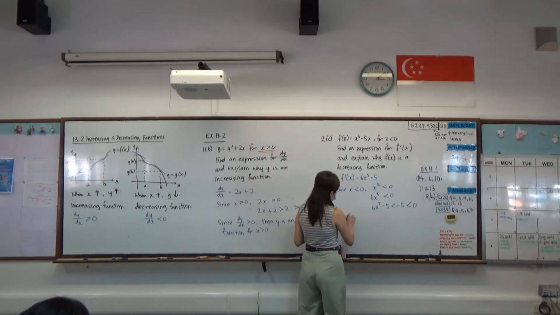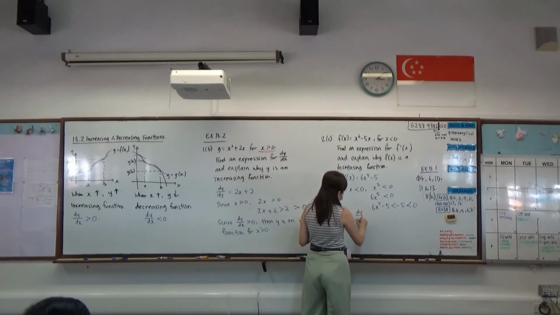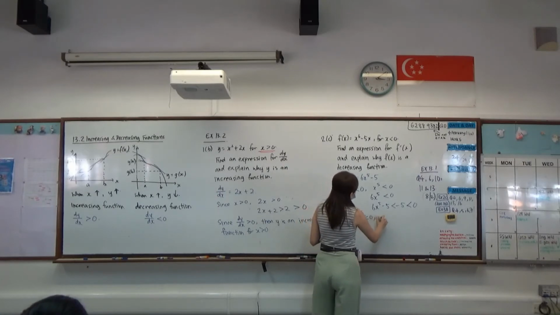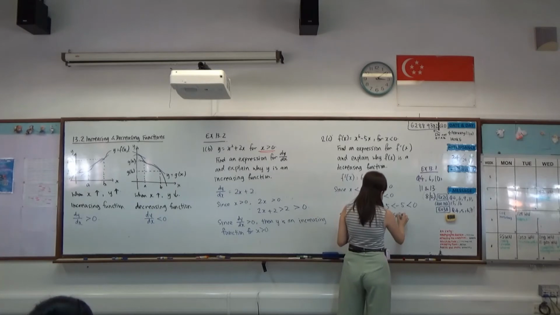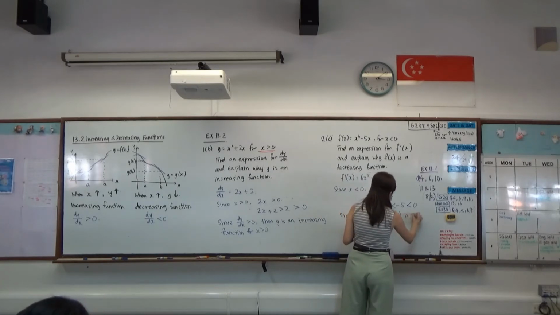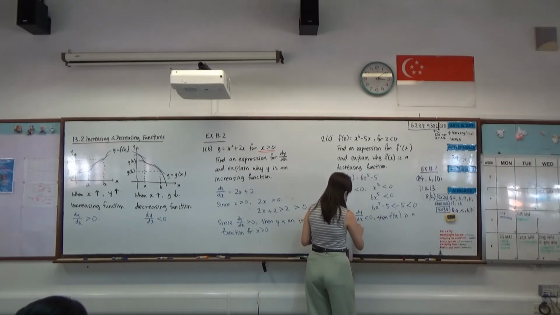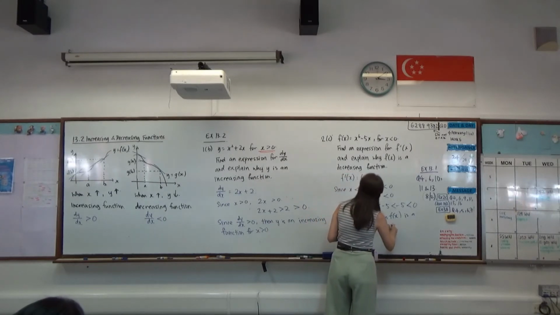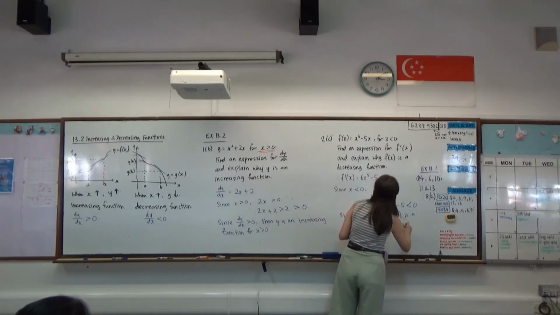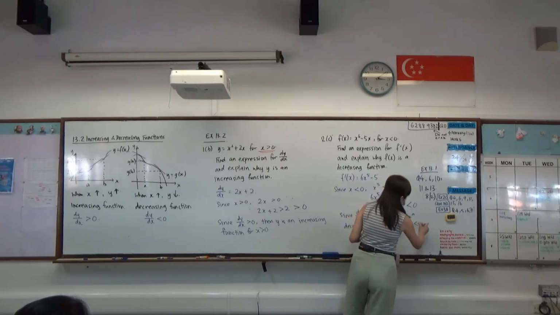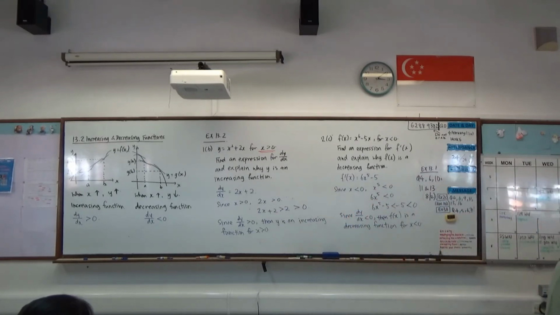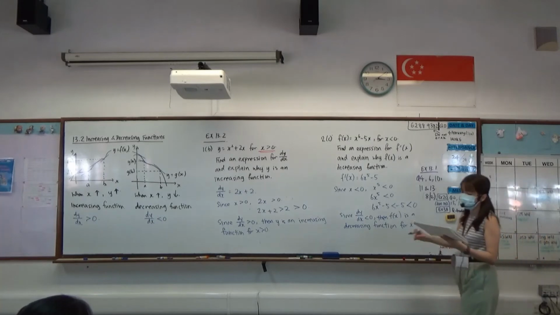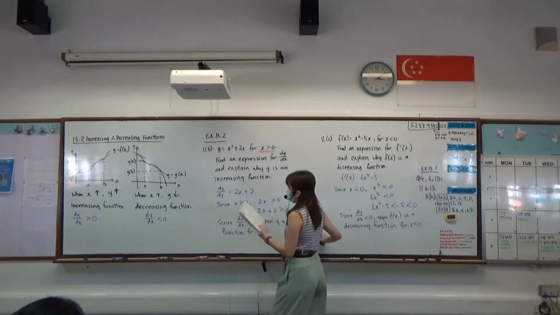Since dy over dx is less than 0, then f(x) is a decreasing function for x less than 0. So these two questions are some simple ones to start off with the thinking and applying that concept.